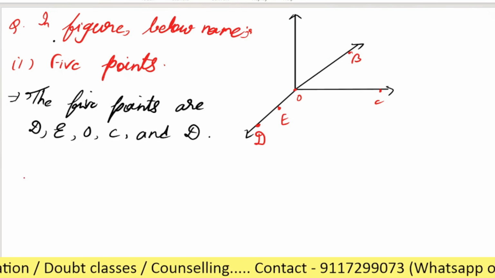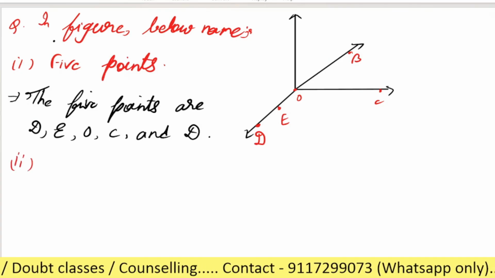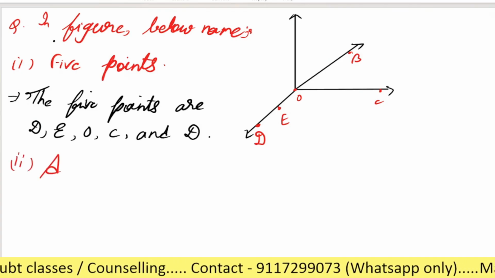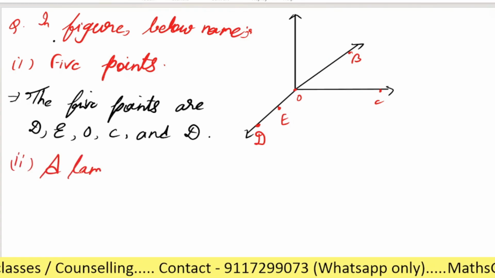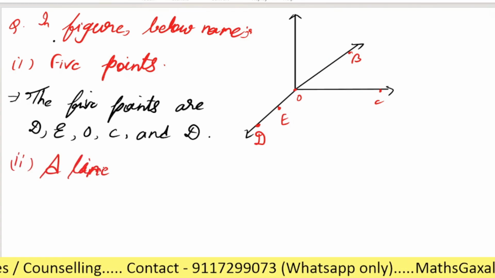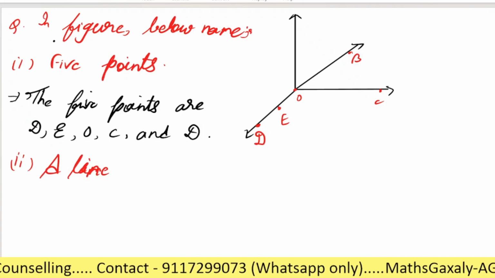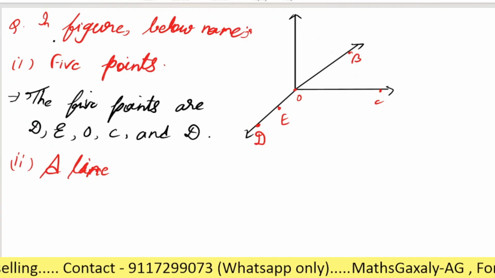Now let's see the next question. A line. What we have to name? First we have to check the property of a line.